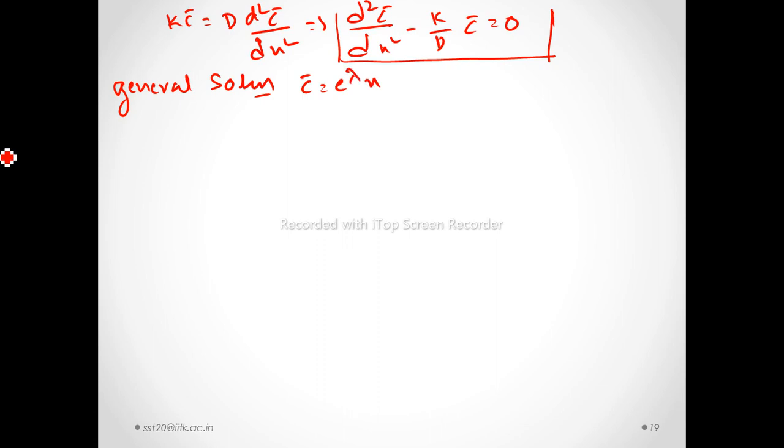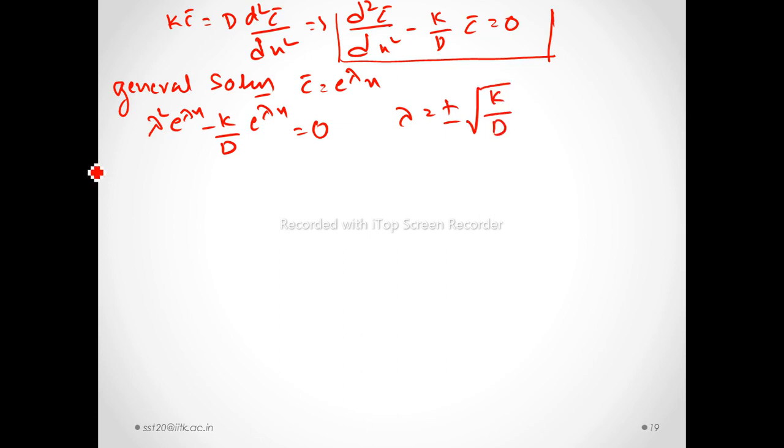Then we get lambda square e lambda x minus k by d e lambda x equals 0. That means lambda is equal to plus or minus root k by d. And then we have two solutions for this.